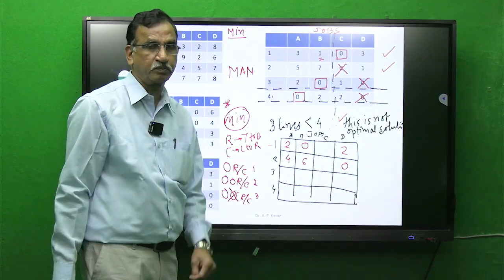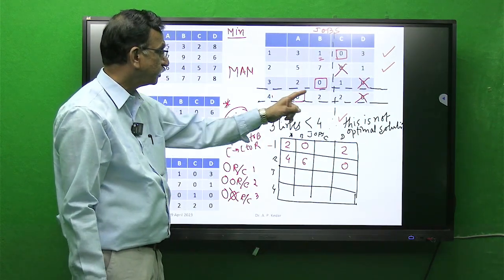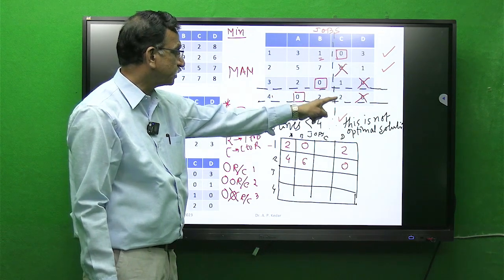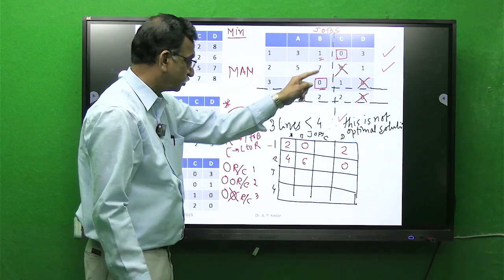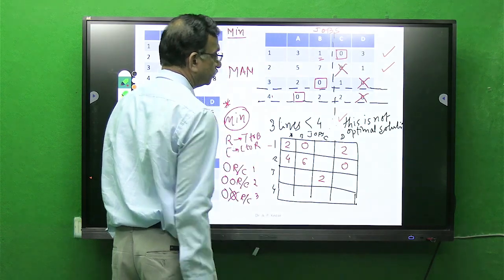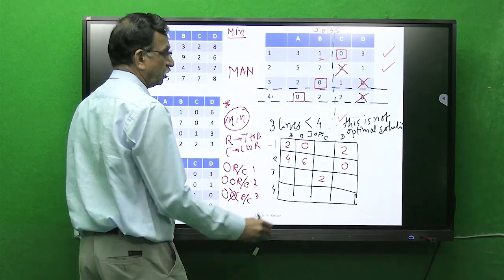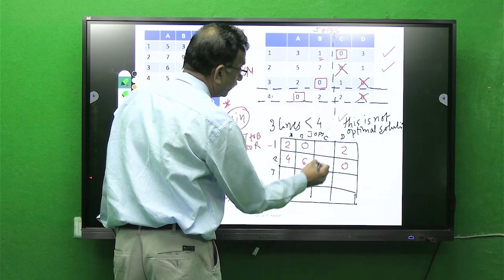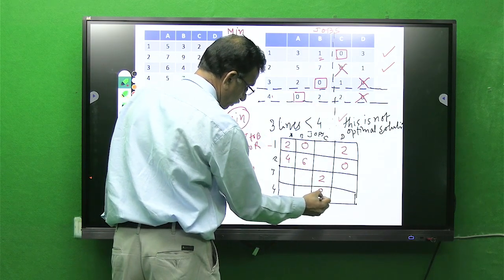This is the first step I have done. Now this is the intersection where 2 lines pass. So this 1 plus this 1 is, at this point, 2, and here it is 2 plus 1, 3.